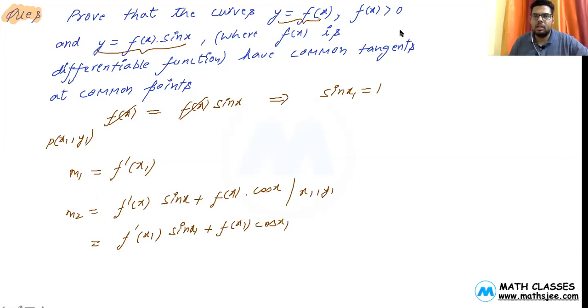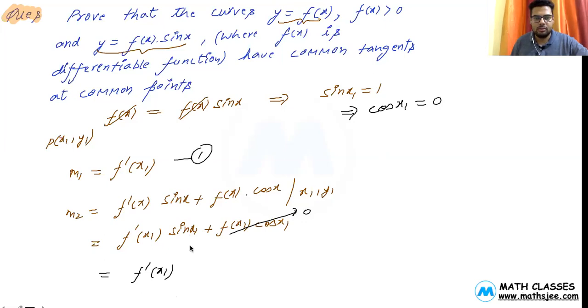Now at this point, sin x1 is 1. So whenever sine of x is 1, it clearly implies cos of x1 will be 0. This term itself is 0, right? Sine of x1 is 1. So this is nothing but equal to f dash x1.